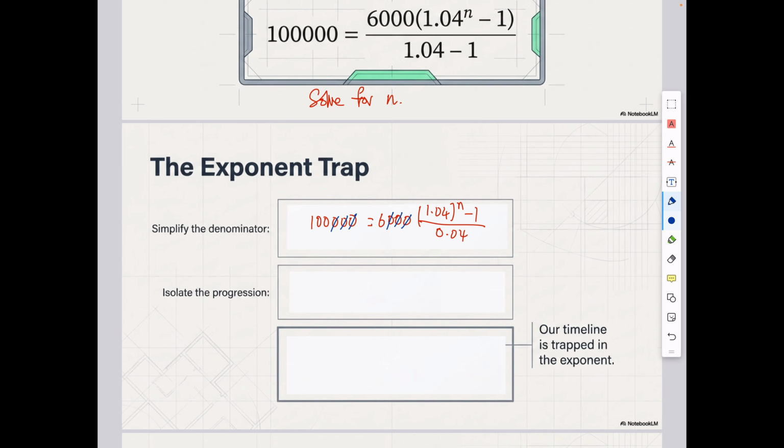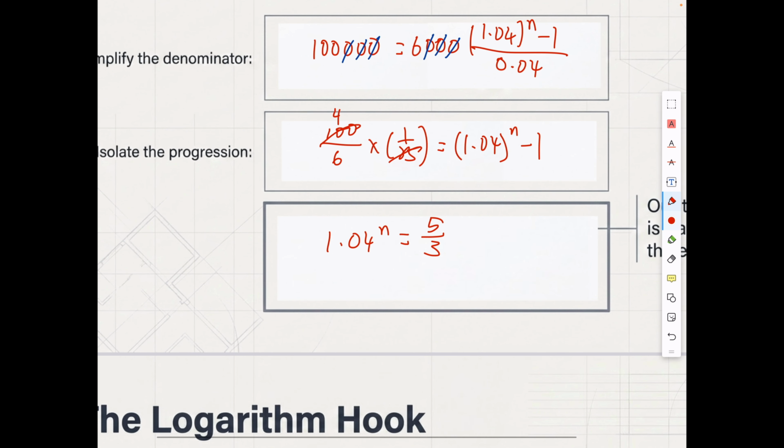After your simplification, it will be 100 over 6 times 1 over 25. Oh sorry, it's not 2,500, I made a mistake. So this is 4, this is 2, this is 2 thirds. So 1.04 power n equals 5 thirds. So you will see that now I have a power n here, which I don't know how to solve.